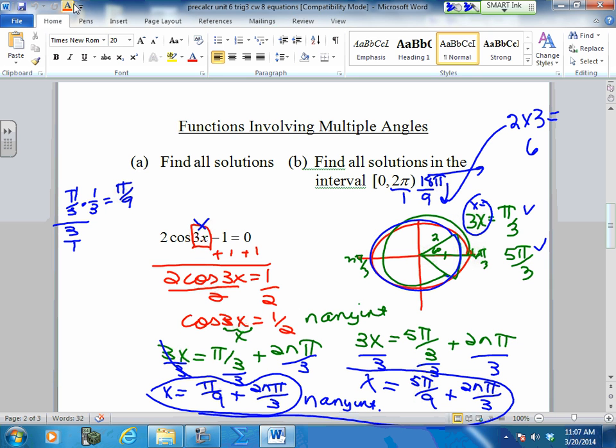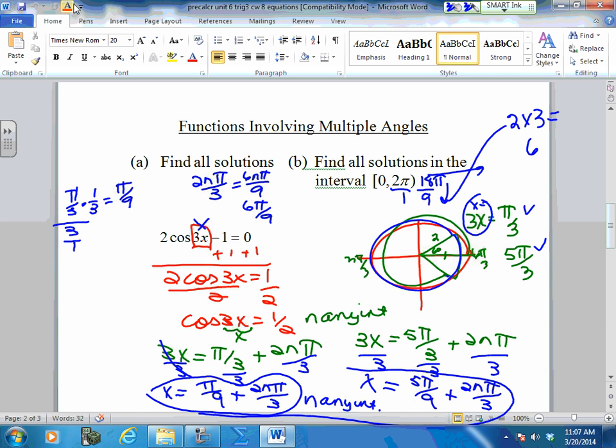No. So let's take 2n pi over 3 and convert it to ninths. So 6, this would go in 3 times this, 6n pi. So every time we go to add an angle, we're going to add 6 pi over 9. We're going to keep adding that angle until we reach our limit.